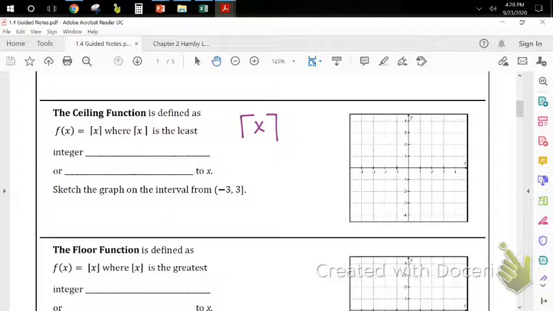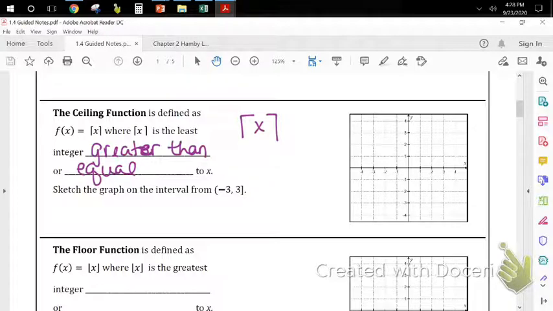It's above. So everything we're going to do is about going above. And so it says f of x is equal to that symbol there, where that symbol means the least integer greater than or equal to x.